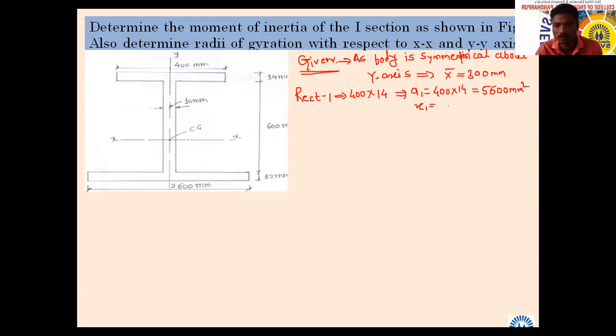X1 is 300. Y1, calculate carefully and tell me how much it will be.